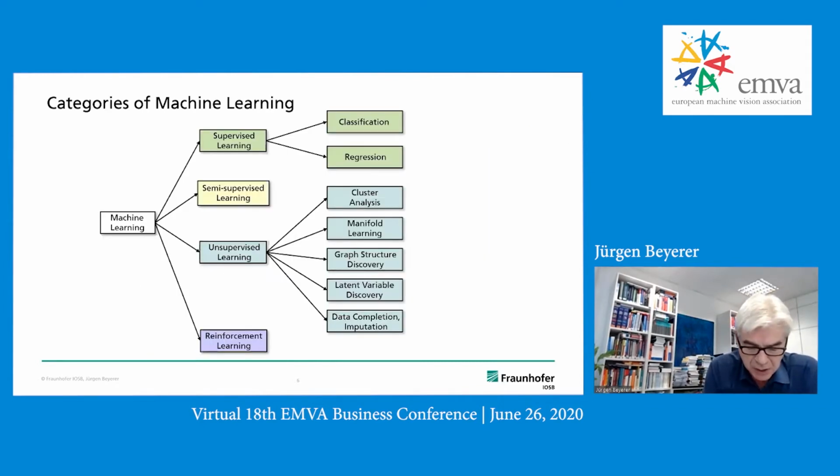Machine learning can be categorized into supervised learning, semi-supervised learning, unsupervised learning, and reinforcement learning. And these main topics can be divided into classification and regression, cluster analysis, manifold learning, graph structure discovery, latent variable discovery, and data completion and imputation.